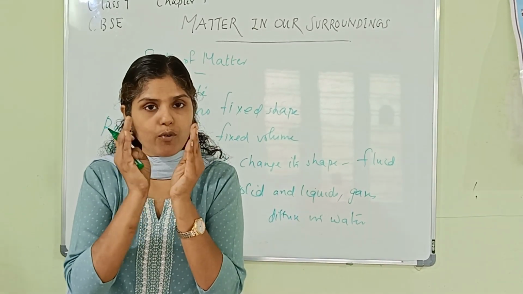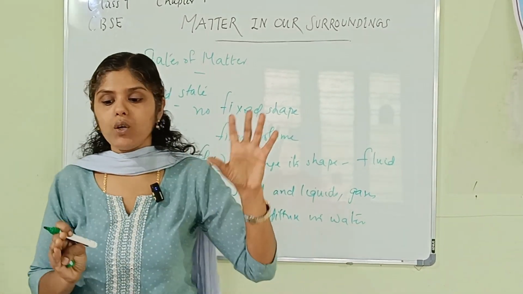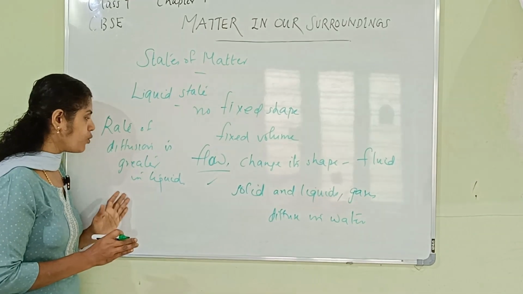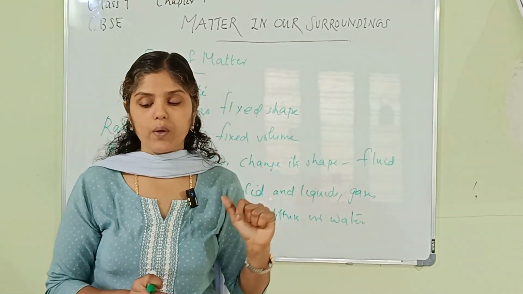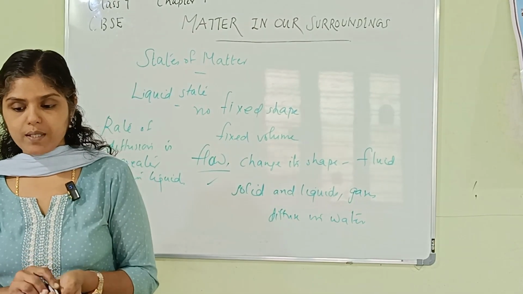The molecular force of attraction is very low, so there is enough space for the particles to move. So it can diffuse easily as compared to solids. That is about solids.